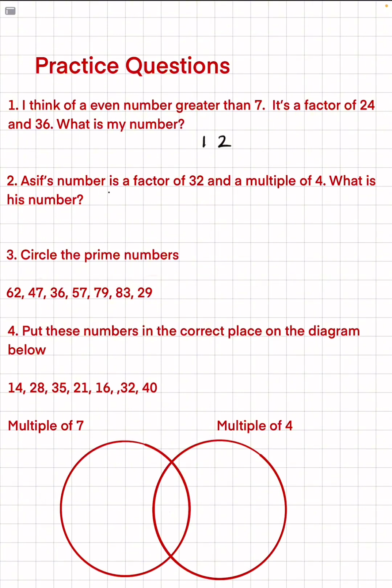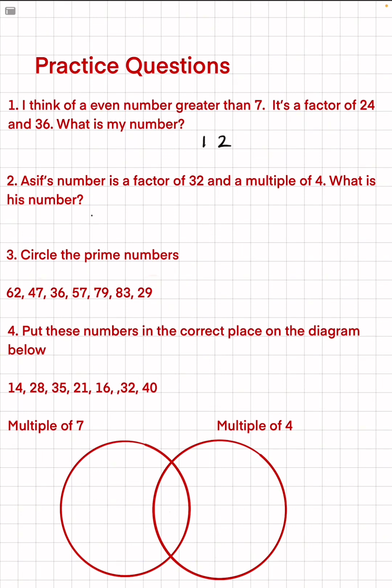Question 2 says Asif's number is a factor of 32 and a multiple of 4. What is his number? To find Asif's number, we can list the factors of 32 and then go through each factor and check if it's a multiple of 4.